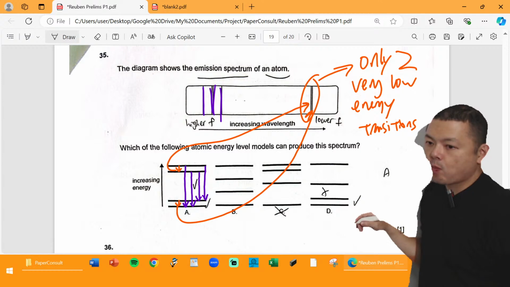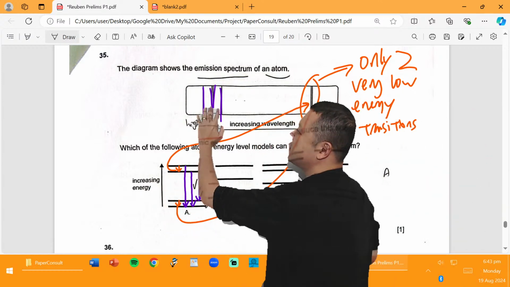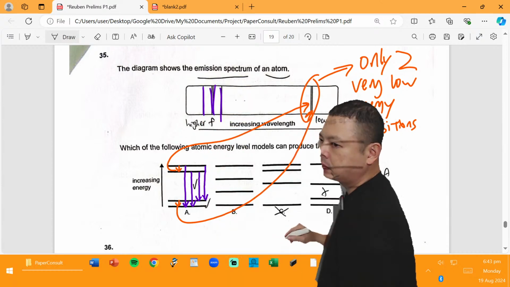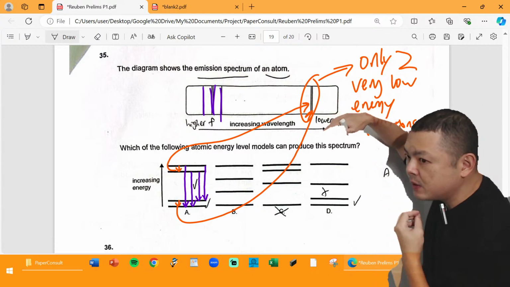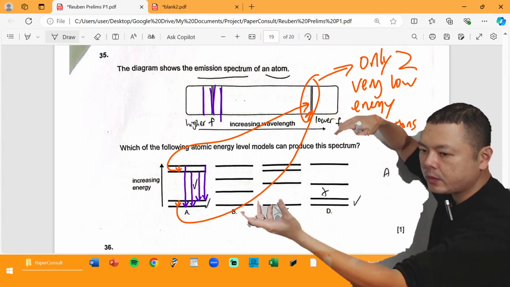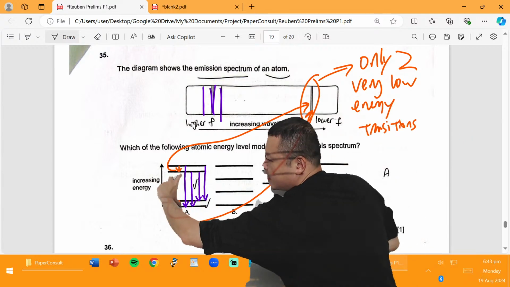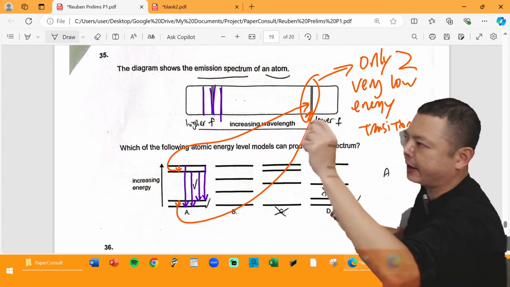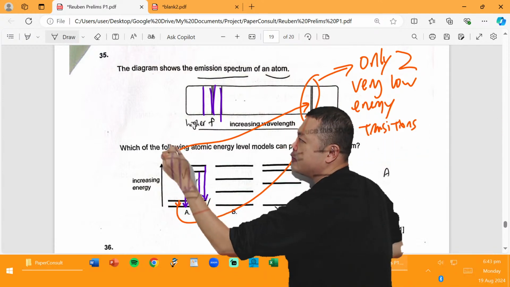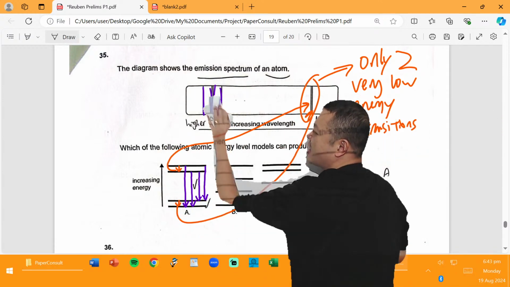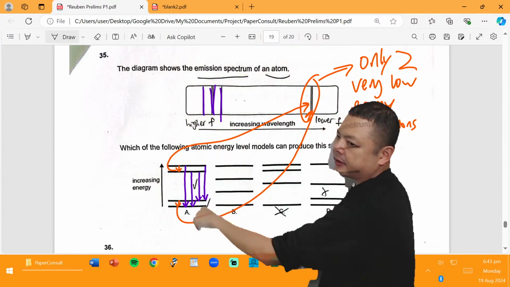The transitions are representing these four photons. So the emission spectrum is basically what is being emitted, right? Energy packets that are emitted. Each one of these transitions is an energy packet. So these four transitions have very similar energy, which is high energy because they're high frequency, right? But they are quite close to each other.